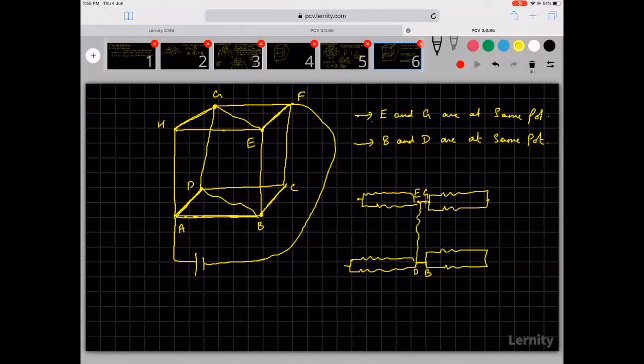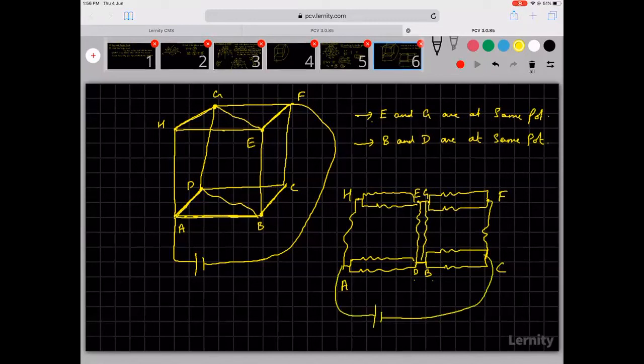Now there are two wires here, 9, 10. Now there is one wire here and one wire here. So I have point A here, point H here, F here, point C here, B, D, E, F, E, G are there. Now this is where my battery is.